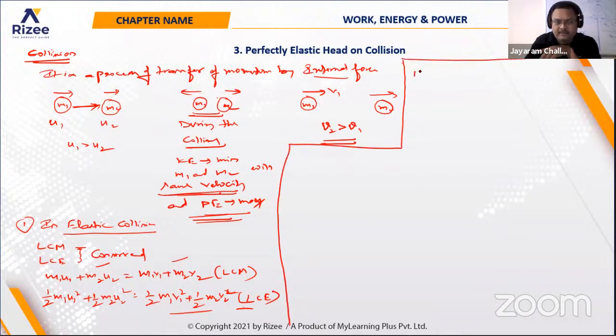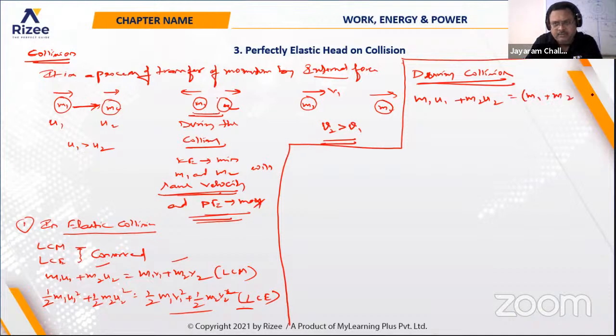Now I'm going further, to during the collision. What is happening during the collision? As I have told you, the initial momentum m1 u1 plus m2 u2 is equal to m1 plus m2 into the common velocity at the time of the collision.